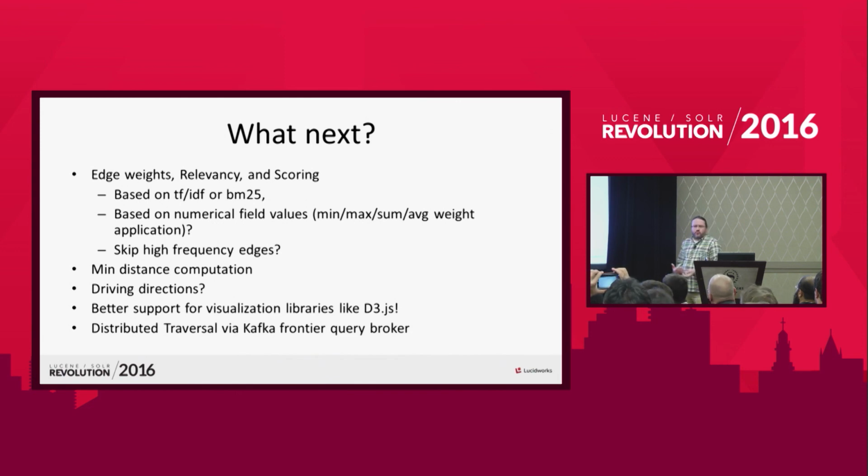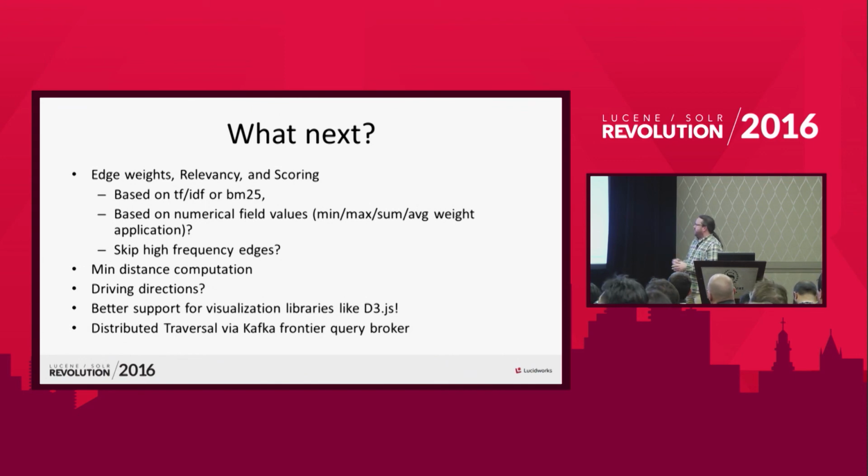Some of the questions: what sort of things should we be looking at next as a community to bring to Graph Query? Right now, the current Graph Query does not have any concept of relevancy or scoring. That was done on purpose because it's really for high performance and low memory footprint. But potentially we could include things like how many edges point into a particular document, link cardinality calculations, or keeping around the minimum path, something like driving directions.